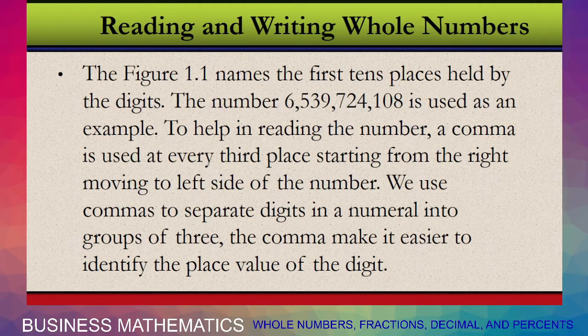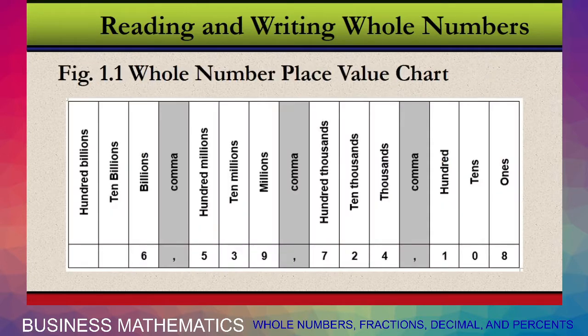So ito yung figure 1.1, the whole number place value chart. Kung mapapansin nyo, may nakalagay dyan places: billions, billion, tapos separated by commas, and so on hanggang makarating tayo sa ones. Ang pagbibilang ng place value ay magsisimula sa right, papuntang left.